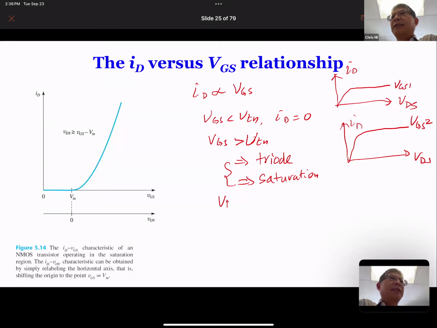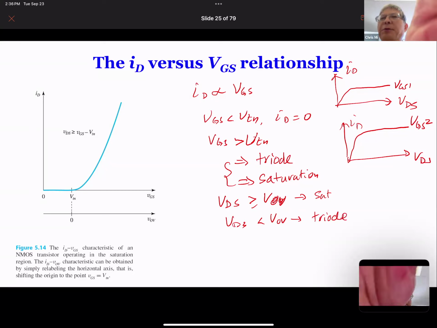So if VDS is larger than VOV, or VDS is less than VOV, you can see the corresponding saturation region and triode region of this operation.